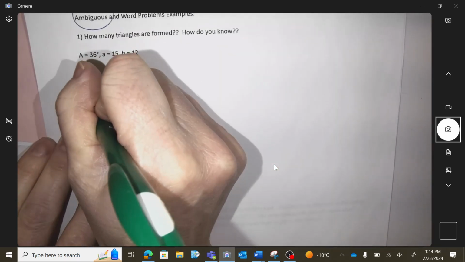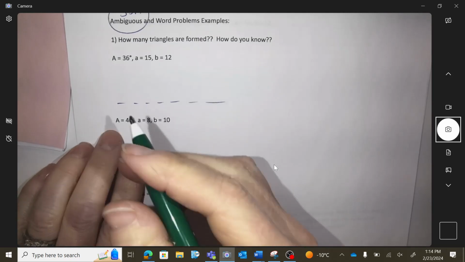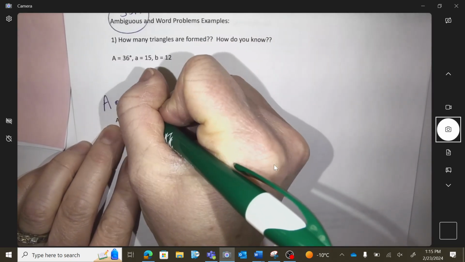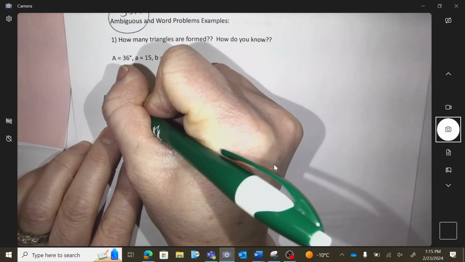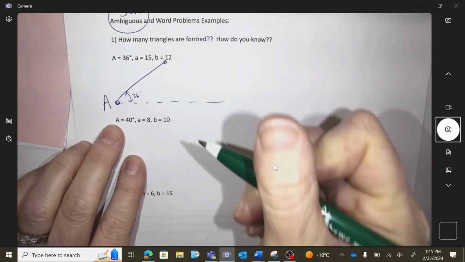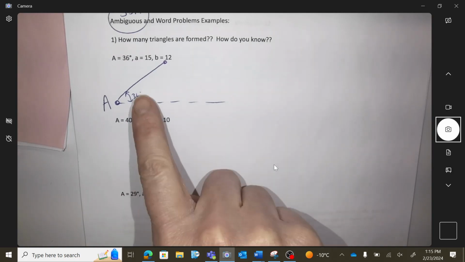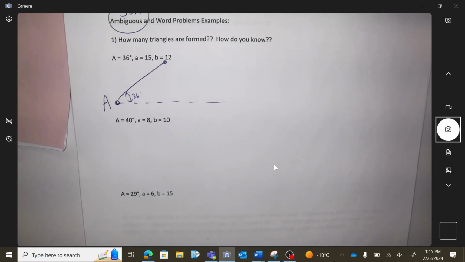So I'm going to draw myself an unknown side, and then I'm going to put angle A at 36 degrees. Which side would I draw beside A?